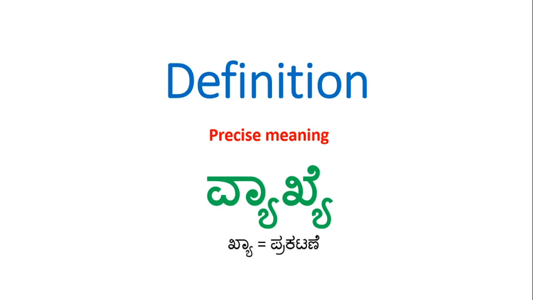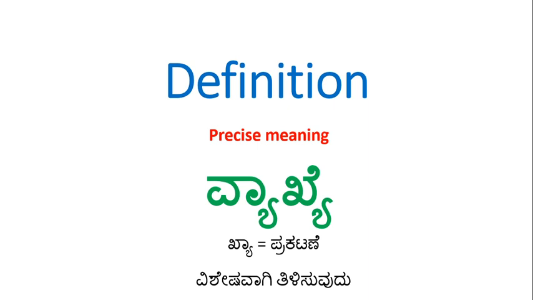This word vyakya, which is Sanskrit, has 2 parts, that is kya. Kya means prakatane, to make announcements, and vya, when added to kya, it becomes special information. This is the meaning of definition.